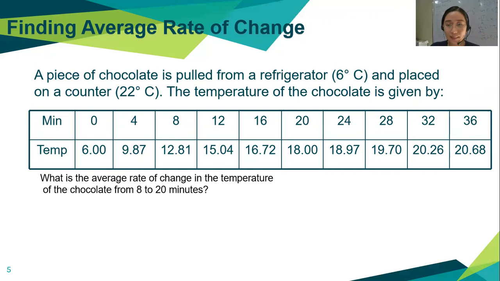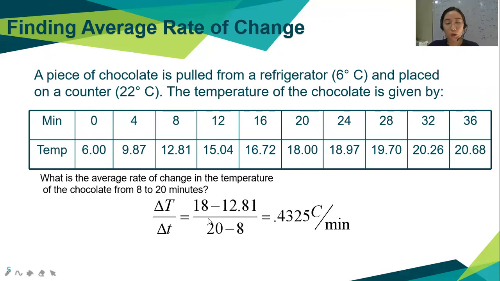Or the temperature changes according to its ambient temperature, or its environment. So, what is the average rate of change in the temperature of the chocolate from 8 to 20 minutes? We need to find the rate of change from 8 minutes to 20 minutes, so from 12.81 to 18. We get it by dividing the change in temperature, delta T, over the change in time.